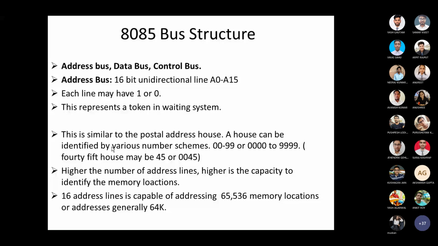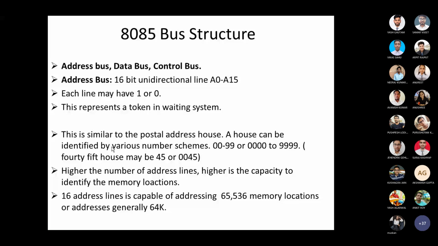Suppose the 45th house is there, so we can take it as 45, or we can take it as 0045. 45 is in case we take the location 00 to 99, and 0045 is when we select the 4 zeros to 4 nines.